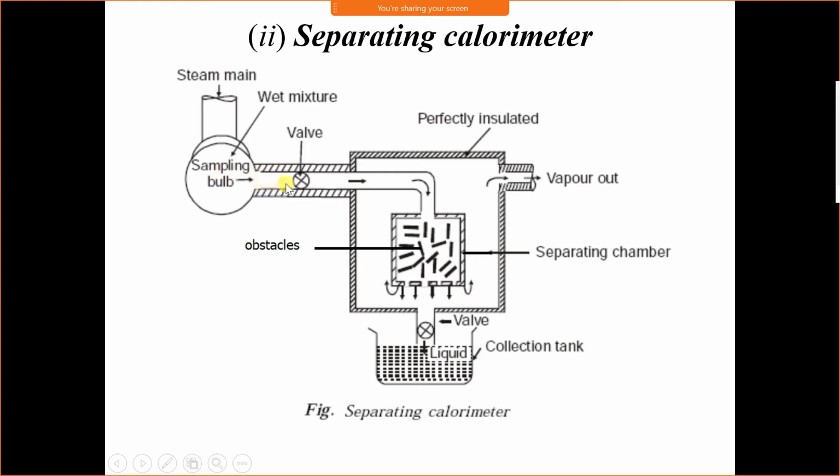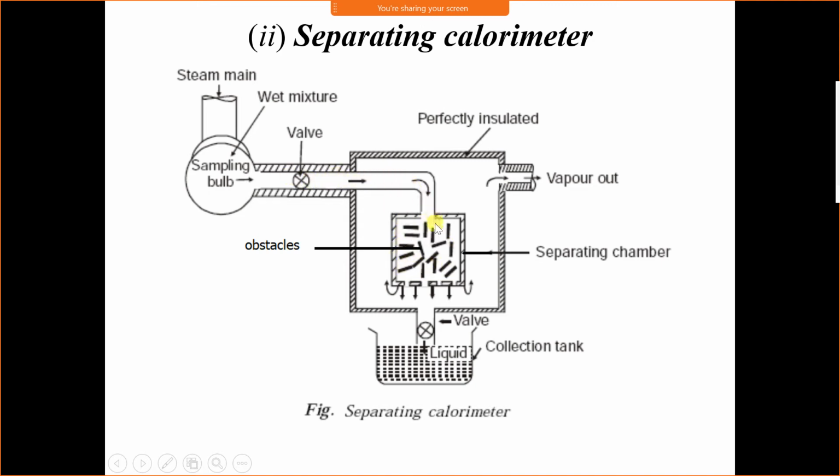Now wet steam enters through a valve into a separating chamber. This is the separating chamber. You can see there are some obstacles in the separating chamber.